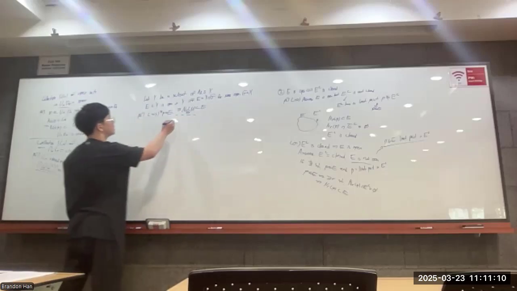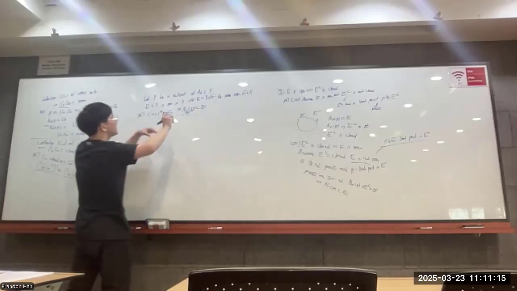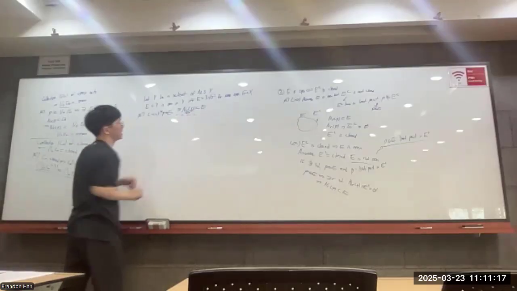So there's some RP such that the neighborhood with radius RP around point P in the smaller metric space Y is entirely contained within E.